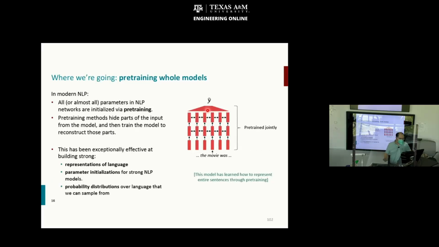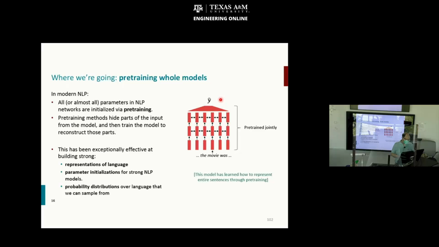What is happening now in modern NLP is that we use all or nearly all parameters initialized via pre-training. Roughly, it's almost everything, except maybe the last one or two layers, that are red, meaning they're pre-trained already.